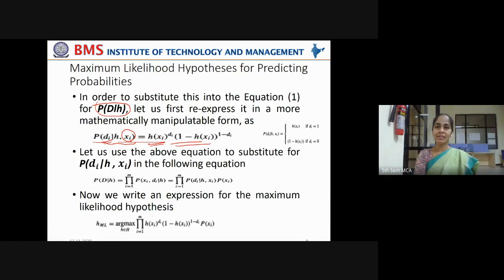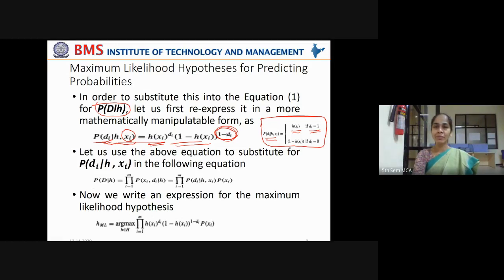Why did we write like this? Observe this notation that we represented in the previous slide. P of di given h, xi is h of xi if di equal to 1. Now, if di equal to 1, what will happen to this exponent? 1 minus 1 will become 0.